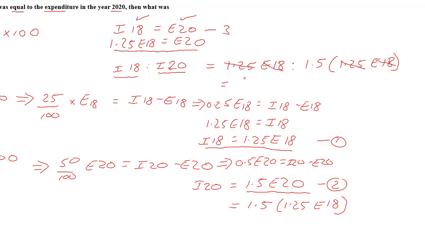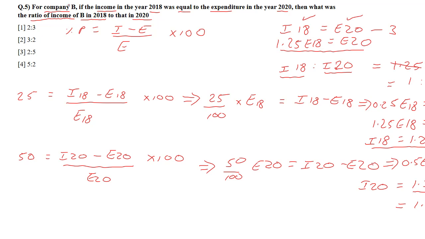What I have left is 1 is to 1.5, which we can write as 10 upon 10 is to 15, which simplifies to 2 is to 3. Let's see if 2 is to 3 is one of our options. 2 is to 3 is option number 1.